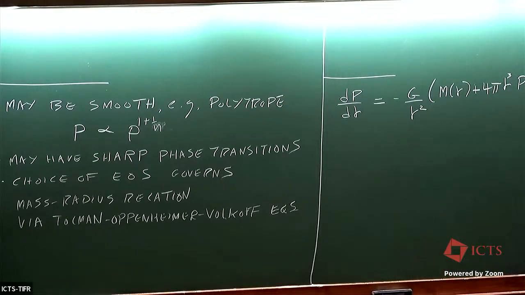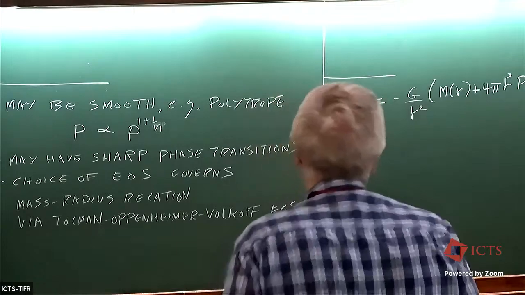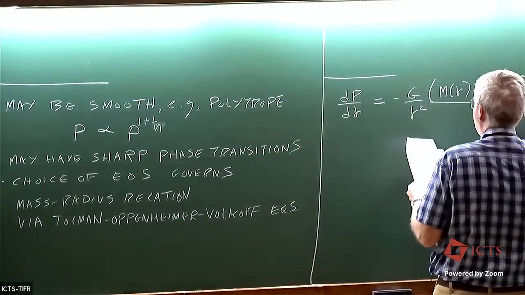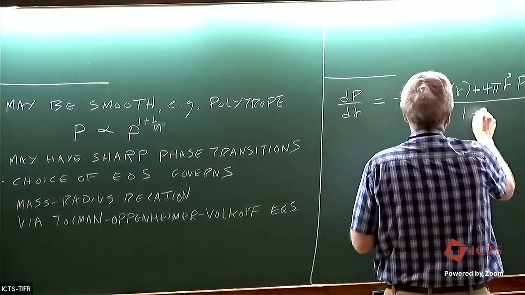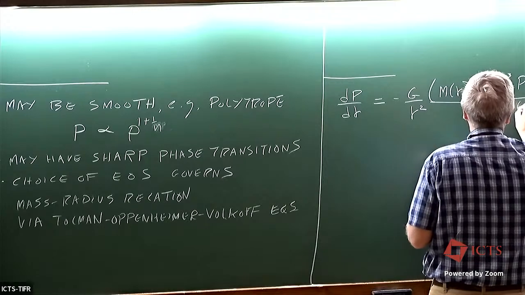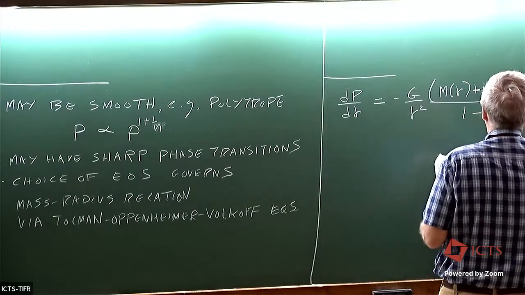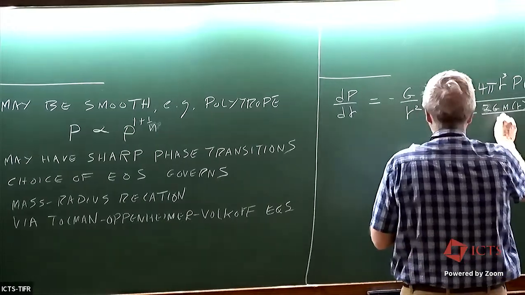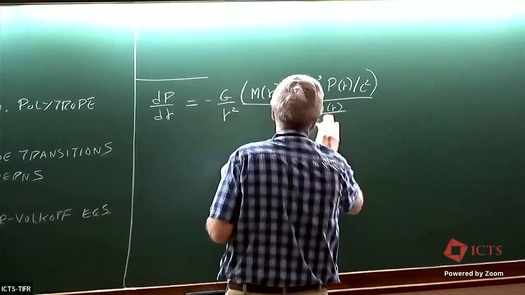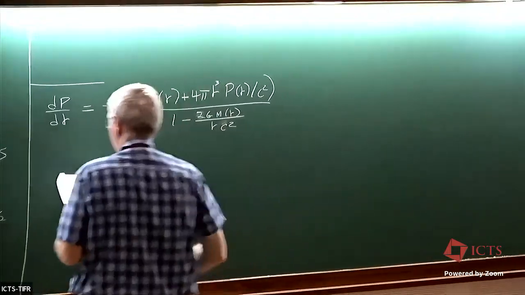I prefer SI units, even though it means carrying around extra constants, because it's easier to check myself. And then we have this famous denominator. It also depends on M of r and leads to all sorts of interesting phenomena.